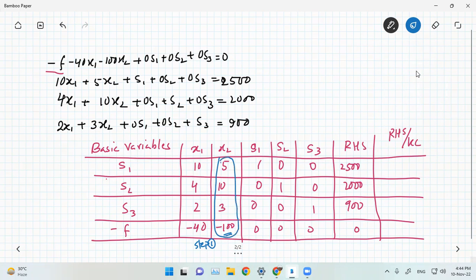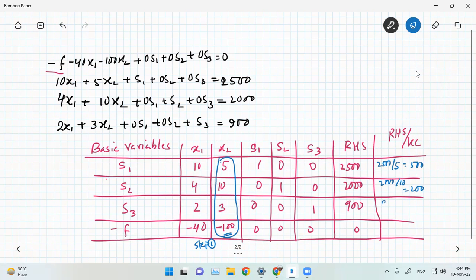Once we have the key column, we have to select the ratio. So 2500 by 5, that is 500. Then 2000 divided by 10, that is 200.